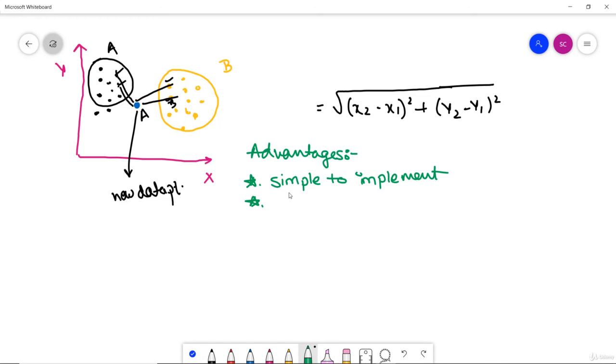Secondly, it is robust to noisy training data also. And lastly, it can be more effective if the training data is large, so that more distances of the data points can be calculated.